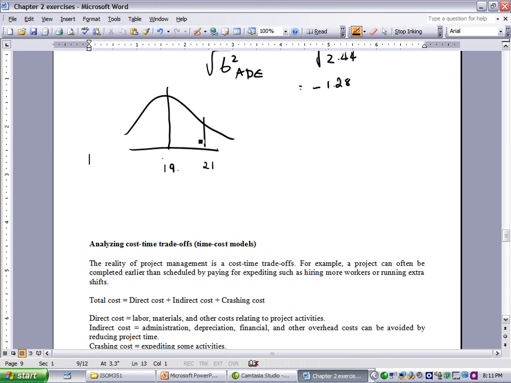These are at Z equals 1.28, and from this point to this point is about 89.97%.